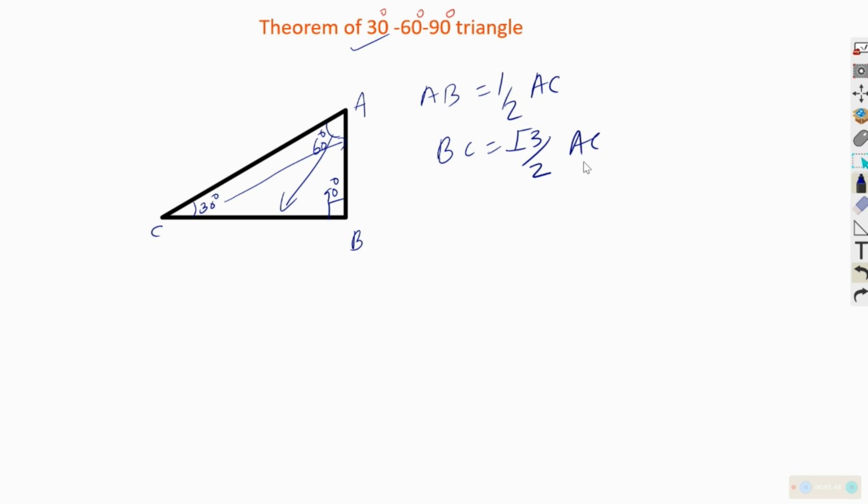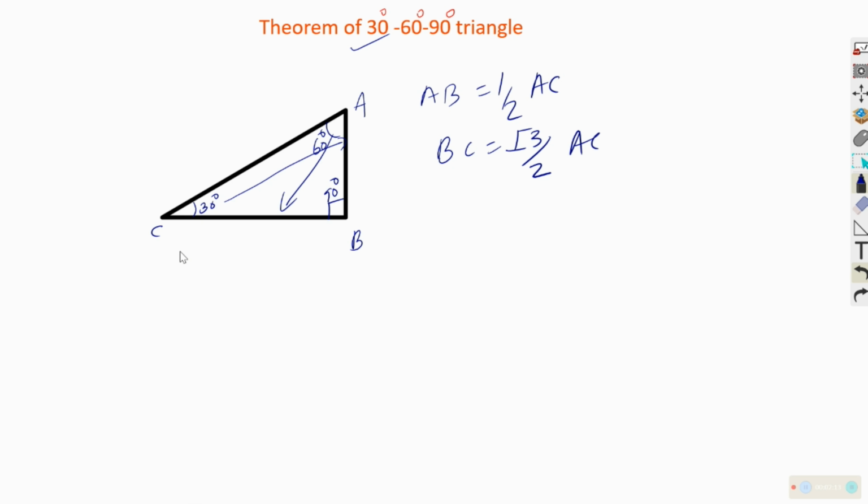Now, just now we studied the trigonometric ratios connected with the right angle triangle, where we found how these trigonometric ratios can be applied in the 30 degree and 60 degree triangle. We will see that now.